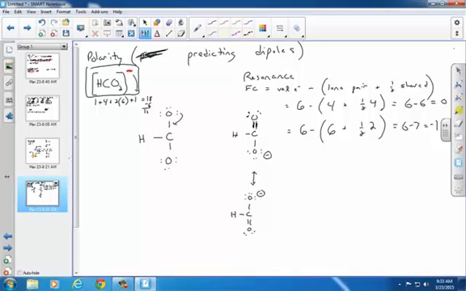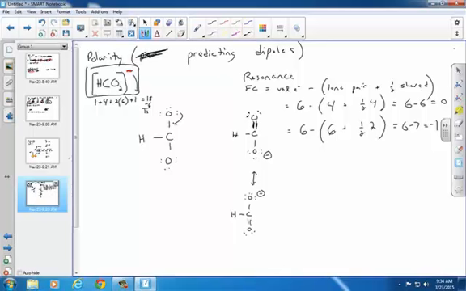So what does the real structure look like? It's the hybrid of those, or the average of them. And so if I have one negative formal charge on the whole molecule, but it's spread out over 2 atoms, each one has half of a negative. Or maybe if this molecule weren't so symmetrical, if I had a negative spread out over 2 atoms that weren't sharing it evenly, I would show that it's a partial negative on each oxygen, right?